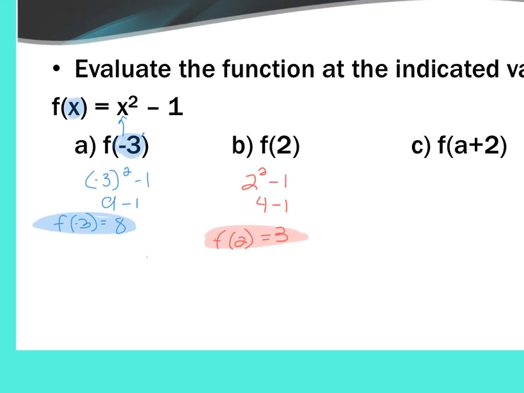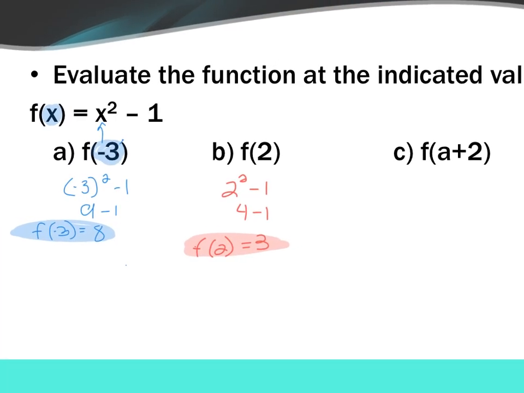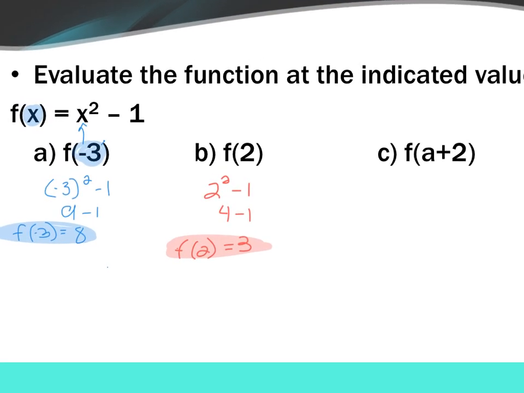Then I get to C, which is an expression. It says f of x plus 2. So I'm going to take x plus 2 this time, and I'm going to plug it in to the x. So I get (x plus 2) squared minus 1. Is (x plus 2) squared the same thing as x squared plus 4?